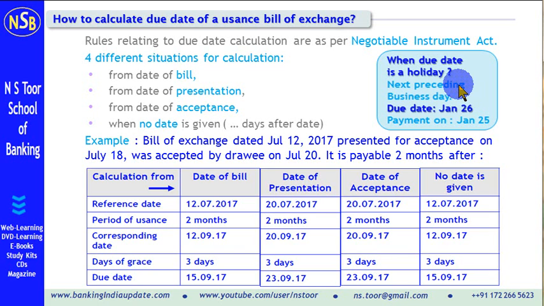For example, if we calculate due date as January 26, which happens to be a holiday, then payment shall be made on January 25th, not January 27th. So whenever this due date falls on a holiday, then payment shall be made on the previous business day. For January 26, it will be made on January 25th.